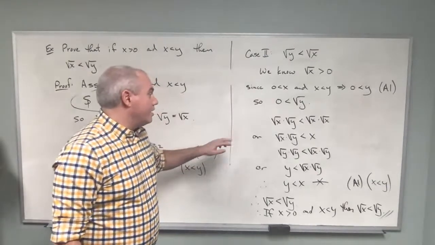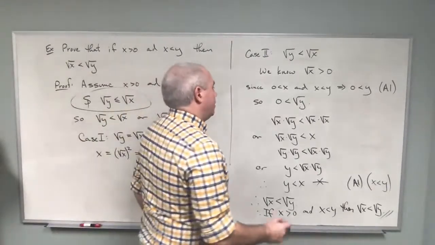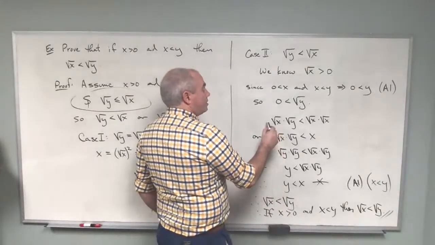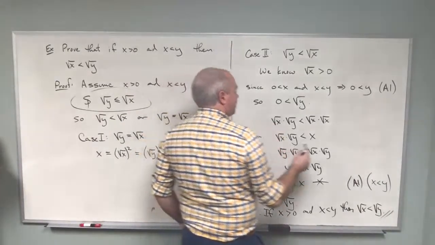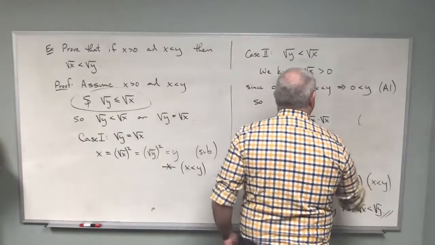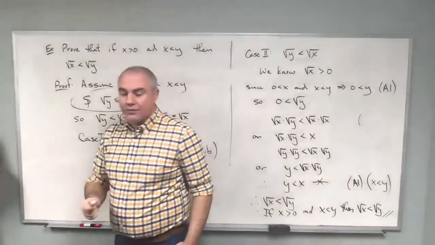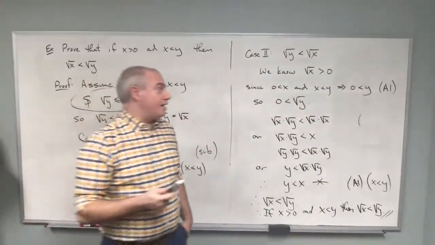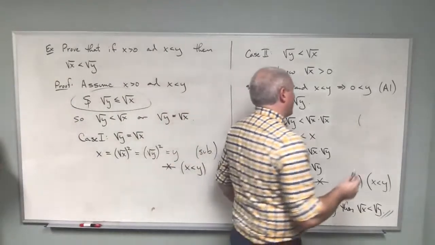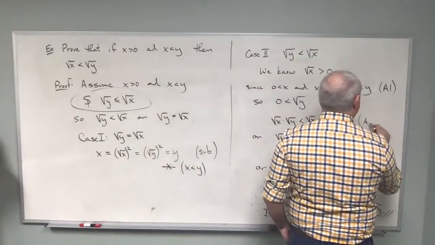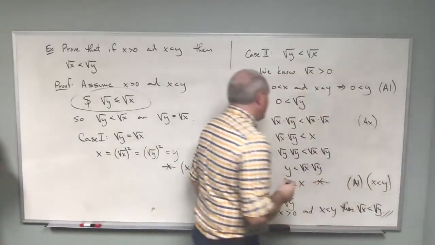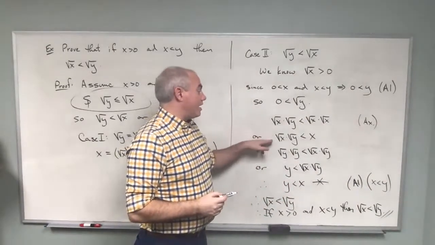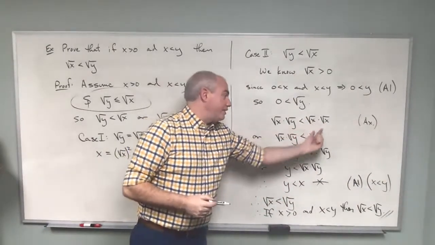Okay, perfect. So what I'm saying is, I used one of the axioms. Actually, I should have written it down right here, that I can multiply both sides of the equation by a positive number. I can't remember if that's A3, but I'm just going to put axiom. To get from here to here, I just simplified this.